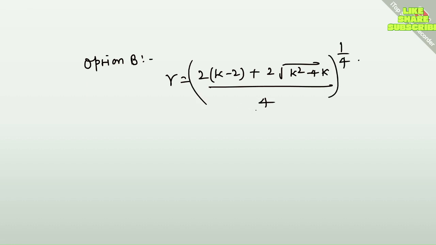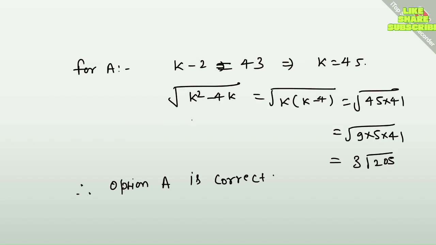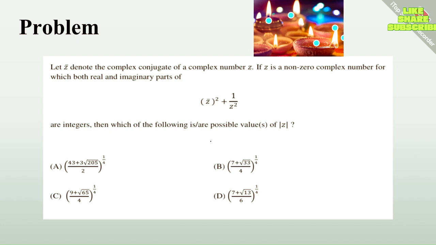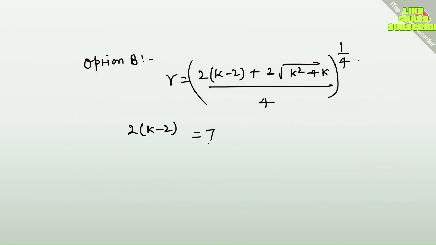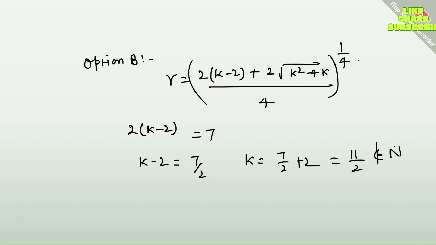So now the denominator is 4. If we compare 2 times k minus 2 with the given quantity 7, k minus 2 is equal to 7 over 2, and k is equal to 7 over 2 plus 2, that is 11 over 2, and this is not a positive integer, therefore option B is incorrect.